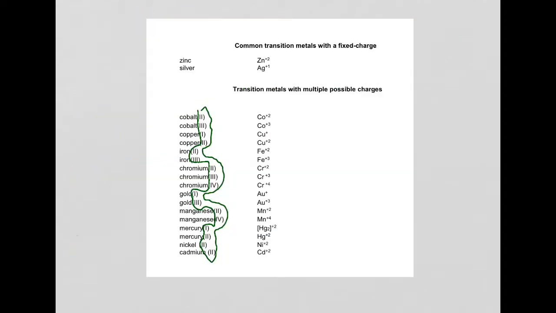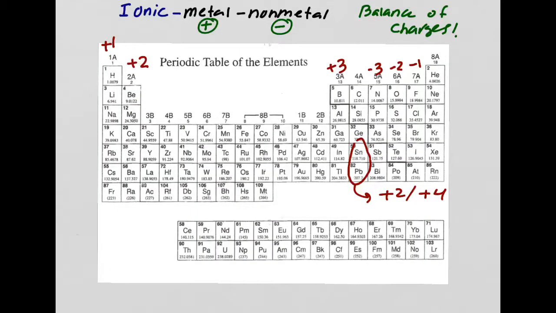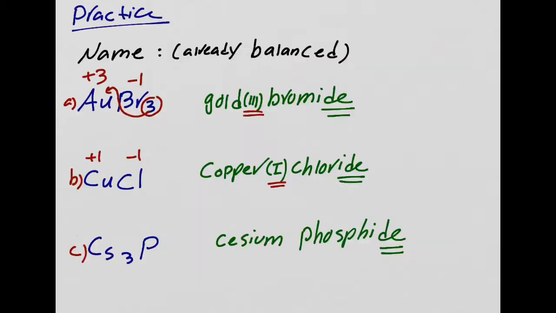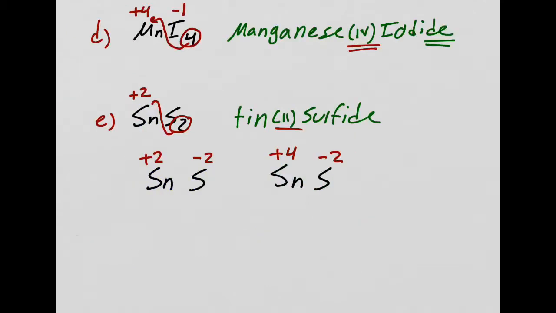So I'm going to go back here again. I know sulfur has a -2 charge, which is fixed. But I know tin could be +2 or it could be +4. You guys are good so far? Okay. So over here, remember, what we do is cross multiply the charges. If I do that, I end up getting Sn2S2.